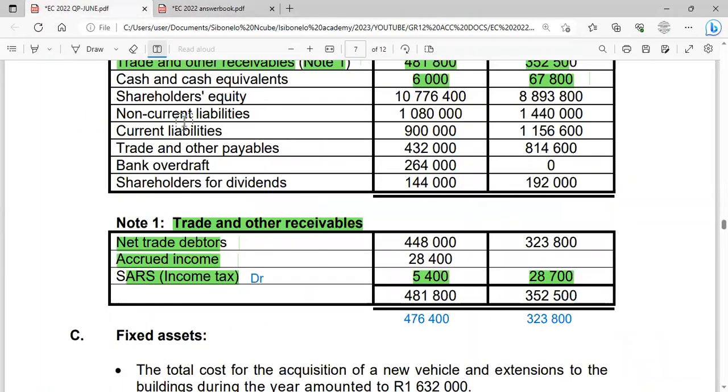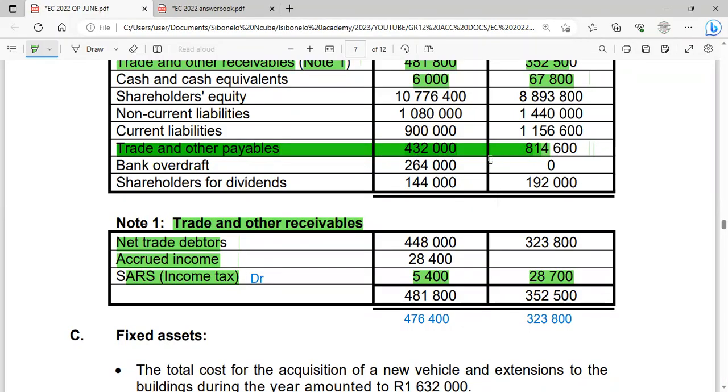Do we have trade and other payables? Yes. We've got the balance for both 2022 and 2021. For 2022, we've got 432, and for 2021, 814,600. We don't need to adjust these two balances, so we're going to use them as they are given in the question.